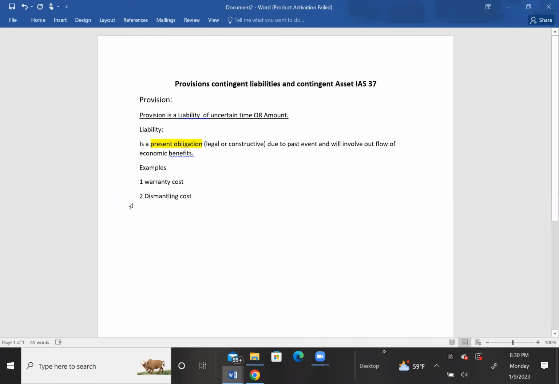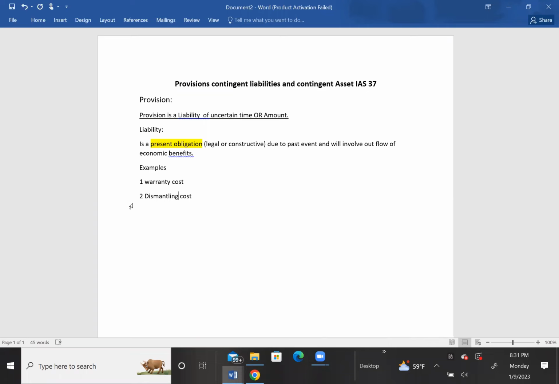Dismantling cost is also an example of provision. Now, what is dismantling? Dismantling cost means that when we construct an asset, there is an obligation on us that when we complete the operation, we will dismantle the asset and restore the environment, the area in the surrounding where we have constructed the asset.